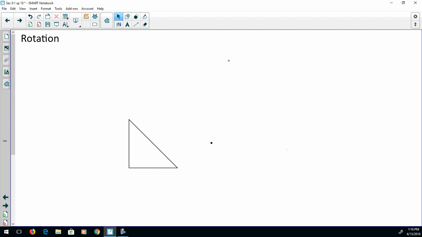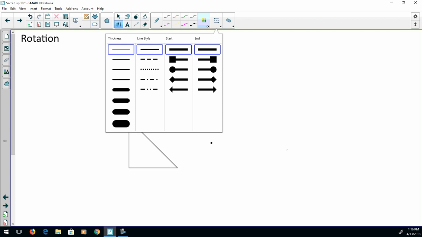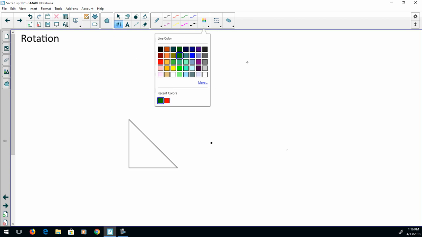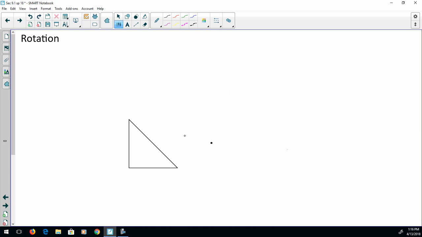Let's do green for a little while. We're going to call that point the center of rotation. That's this guy right here. Let's see if I can scoot it up there a little closer.